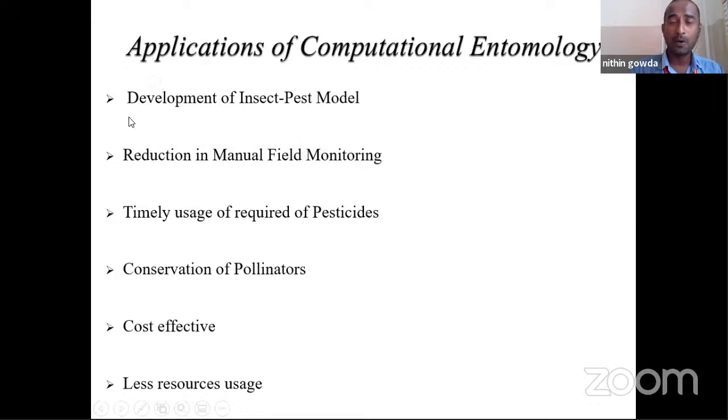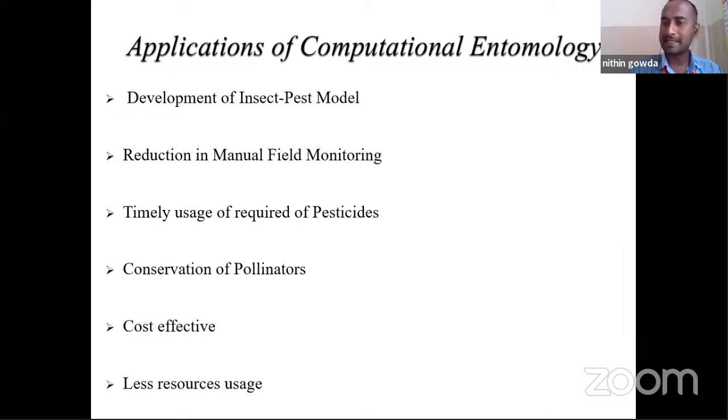And it will produce a huge data set that will help the entomologist so much. Why? Because entomologists nowadays have to perform field monitoring. They have to visit a field and check for the particular insect or the pollinator. Such things can be reduced by using this technique, the manual field monitoring.